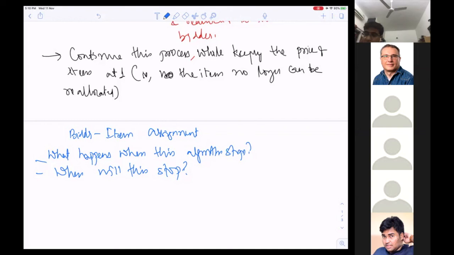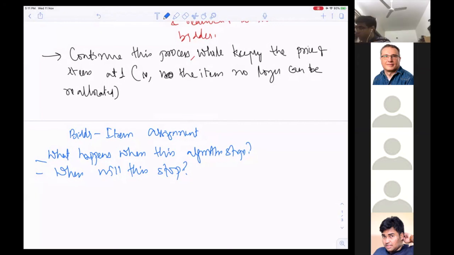By virtue of the algorithm, I only allow a bidder which is unallocated to bid. That is why at every step of my algorithm, I maintain that whatever the bidder-item assignment is, it's a matching. But now my question is, will this algorithm stop, will it converge? And when it converges, what kind of matching guarantee can we give?